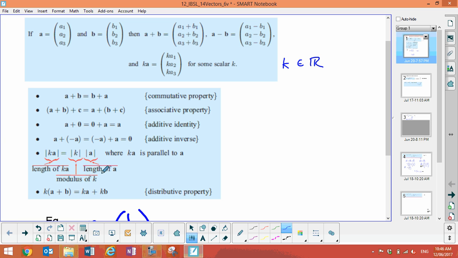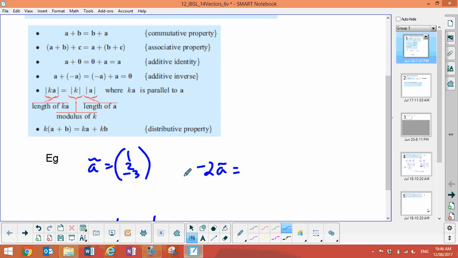So if our value is, say, minus 2, then we're taking 2. This notation here is talking about the length of A. So here's the same notation, but with different meanings because k is a scalar and A is a vector. So here those straight lines mean the length of that vector. Here the absolute value signs mean the modulus of k.